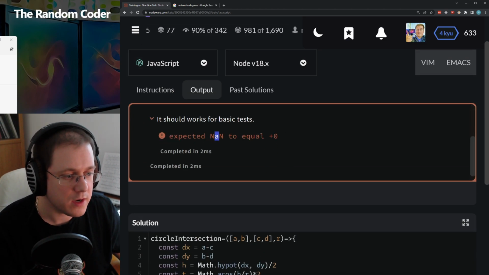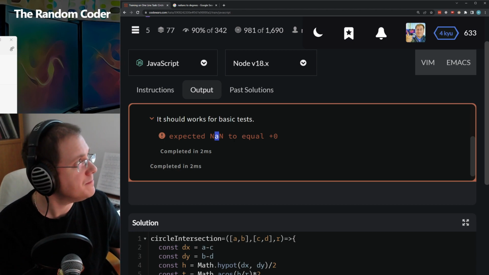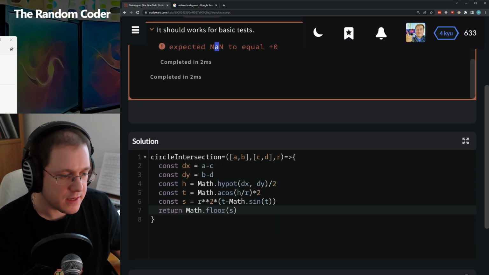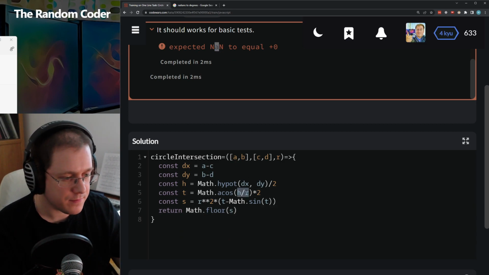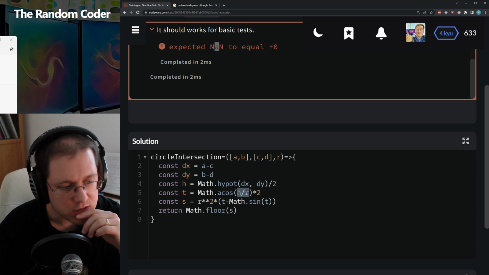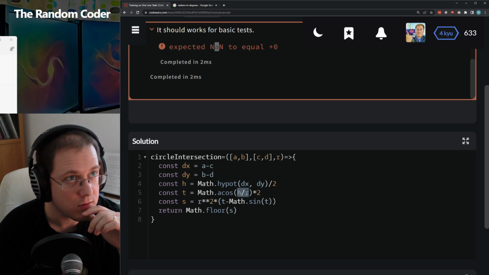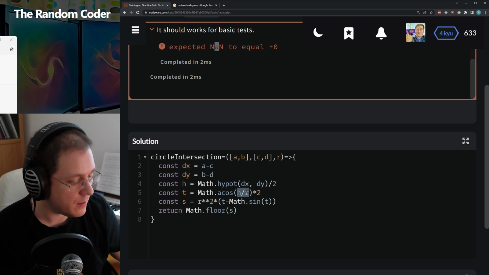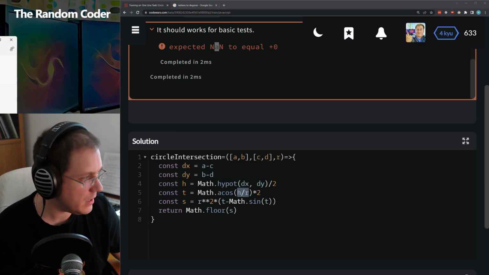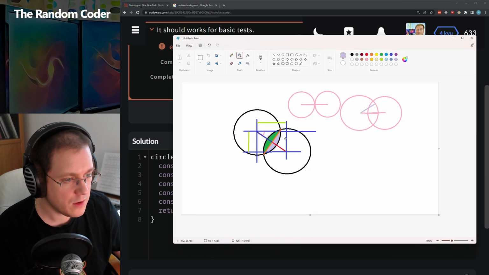Cool. Right. So in one case, you got not a number. So that's fine. I think that is the scenario where we are outside the valid range for the arc cosine. As I mentioned before, you have to have a number between 0 and 1.